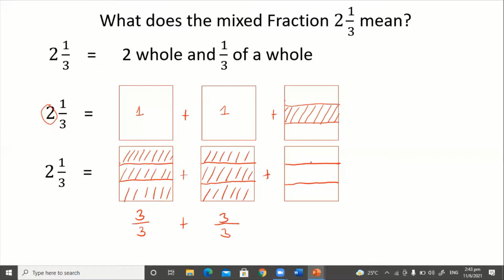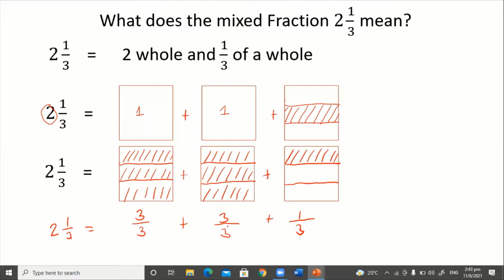And for the last one now, we're shading 1 part out of it. So if I choose to shade the first slice here, it's still going to be 1/3 because I shaded 1 part out of a total of 3, right? So you can see that 2 and 1/3 means I have 2 wholes and 1/3 of another, because 3 divided by 3, that's just 1, and 3 divided by 3, that's just 1, right?